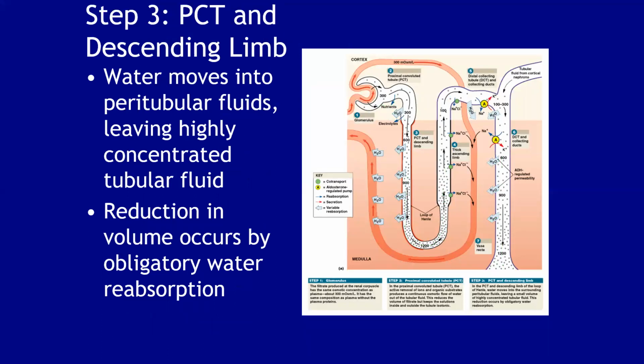When we look at the PCT in the descending limb, the water moves into the peritubular fluids. So the water leaves the renal tubes and then enters the peritubular vessels. It makes the concentration of the renal tubules much higher, and it's reducing the volume because we are losing water.